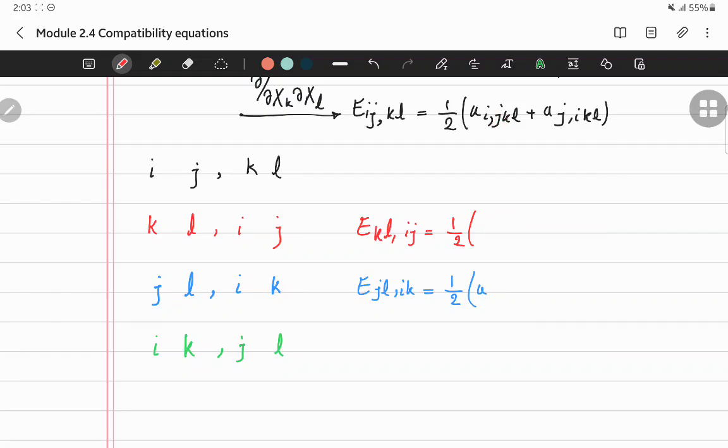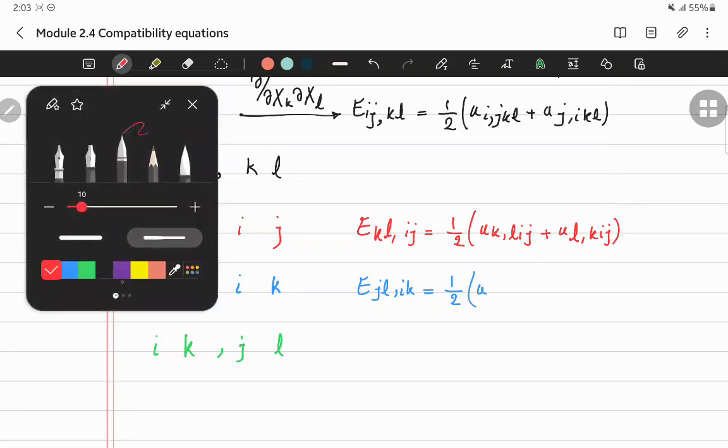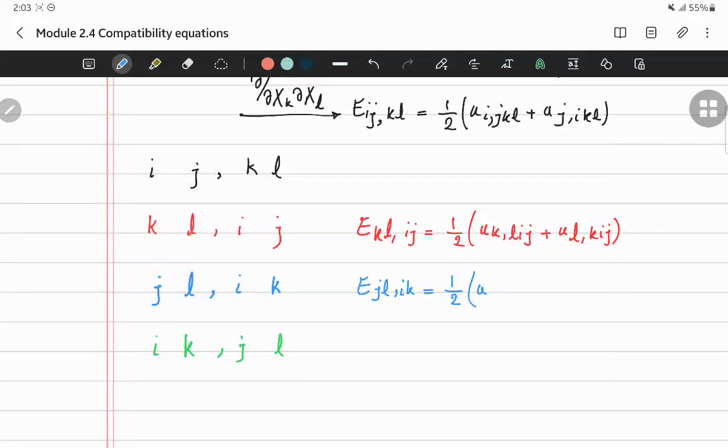So I is K, J is L, K is I, L is J, so it is U_KJLKIL J plus U_L... It's K I J. All right, so again, I have this and I have to replace it with these indices.